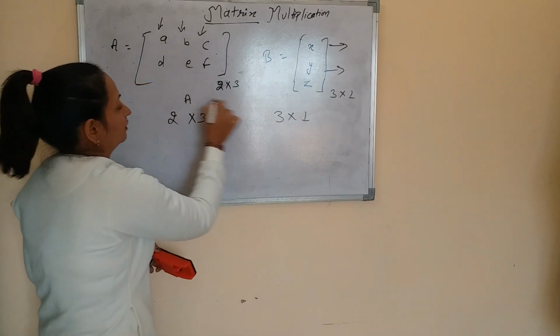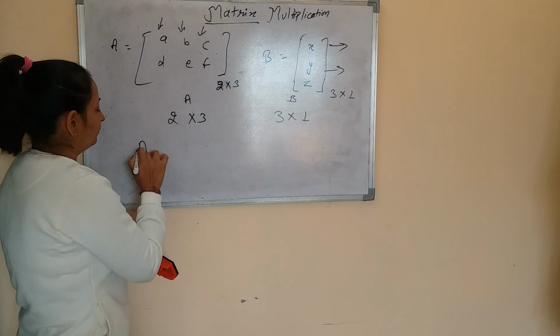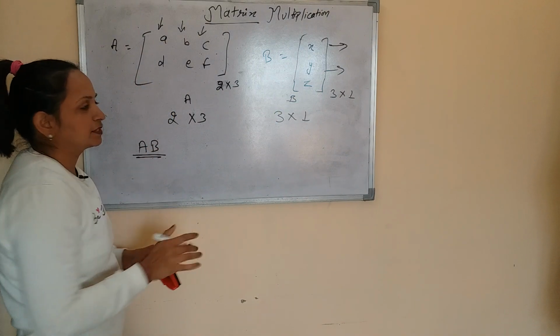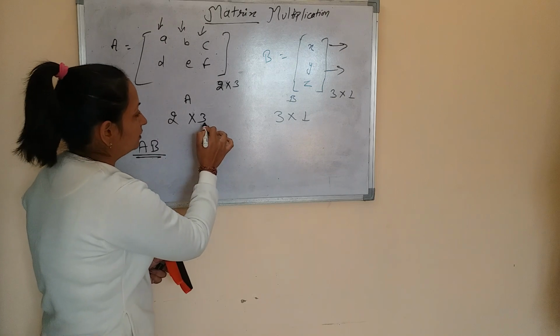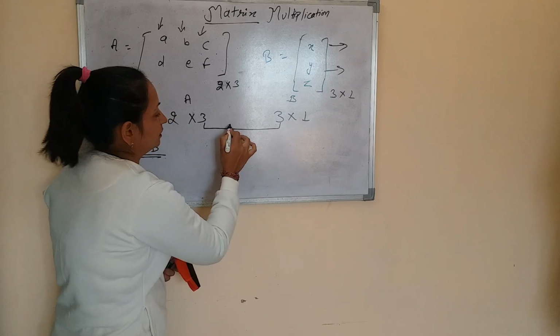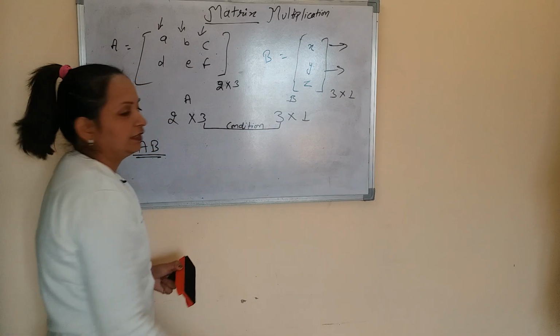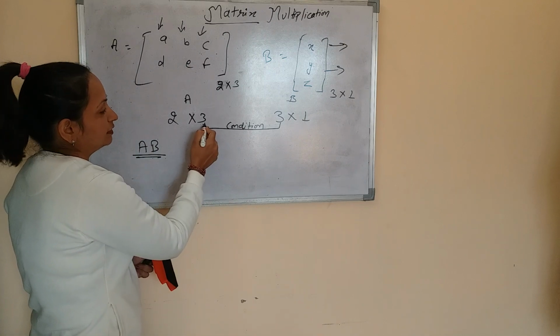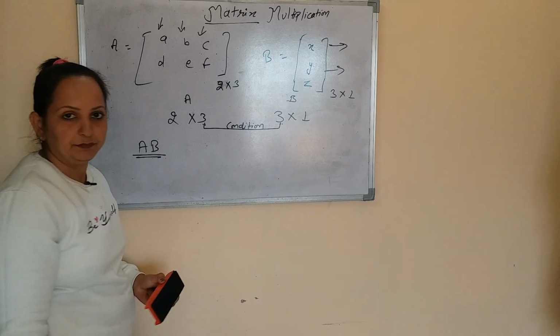This is my matrix A and this is my matrix B, and I am asking whether the matrix multiplication AB is possible or not. You have to check the condition, that these two values should be the same. Because in the order, this represents the number of columns and this represents the number of rows in the second matrix.